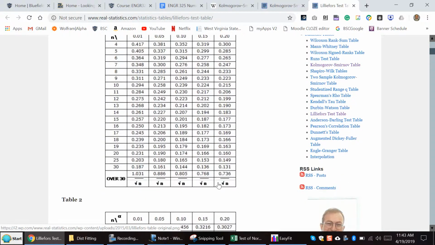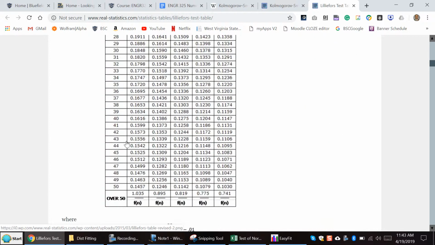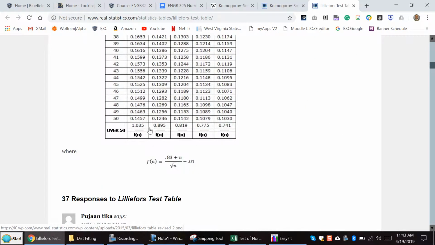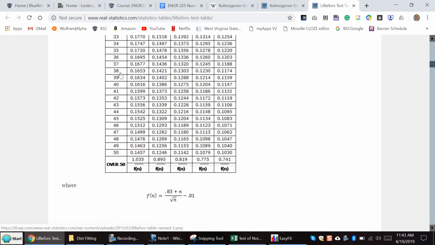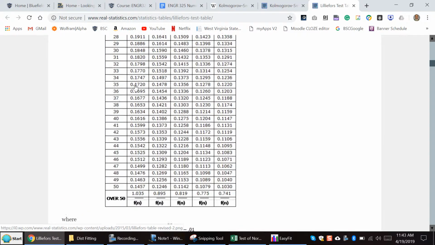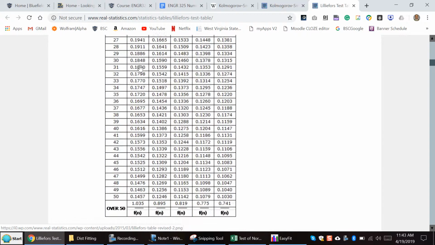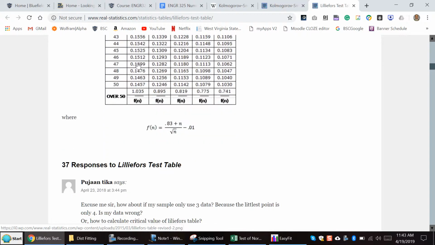All right, these values, if it's over 30 or say over 50, these themselves are just approximating functions. So instead of having a table that goes all the way down to infinity, notice what happens to these numbers as you go further down. They start to converge, right?